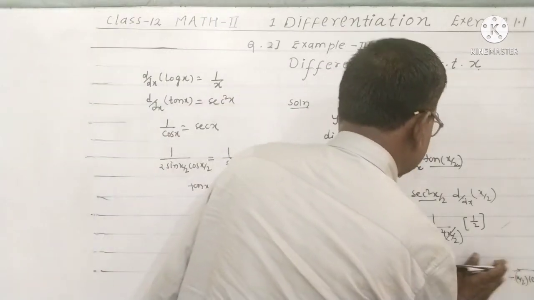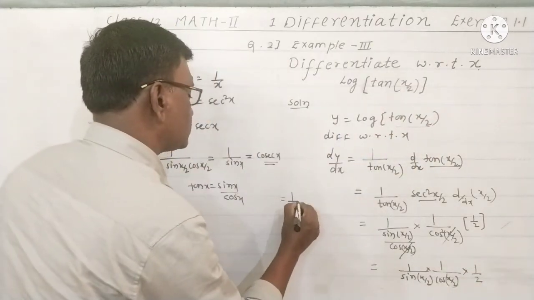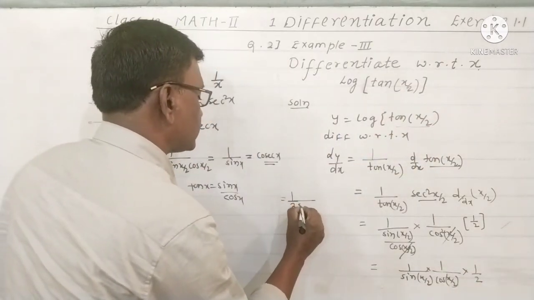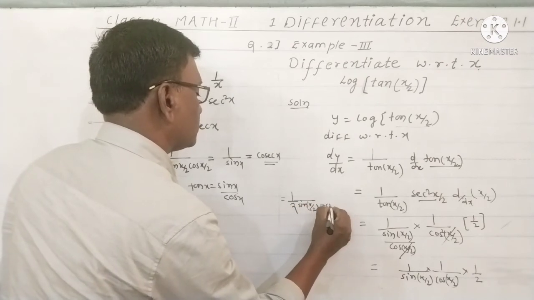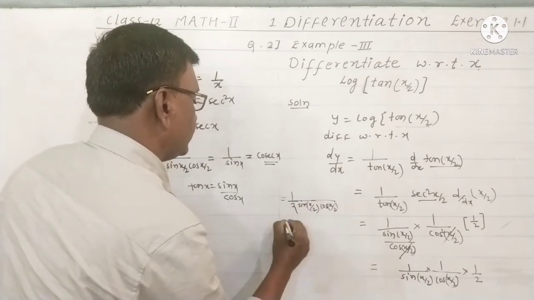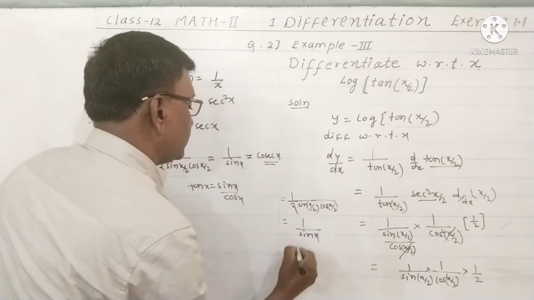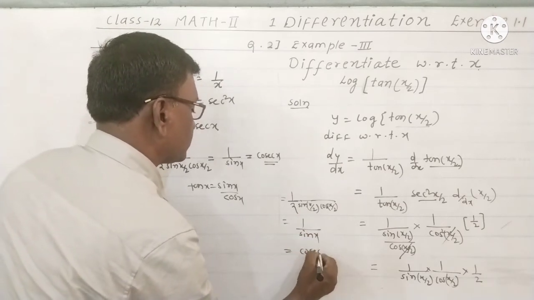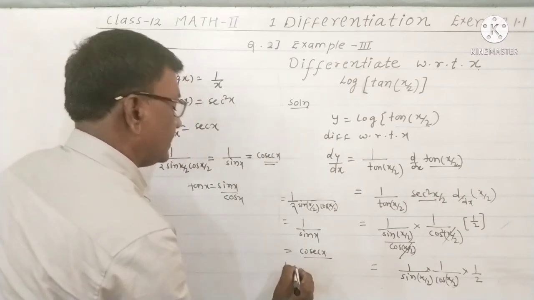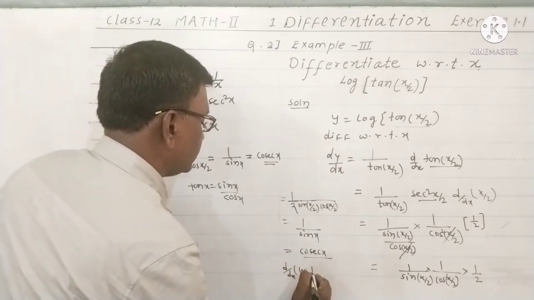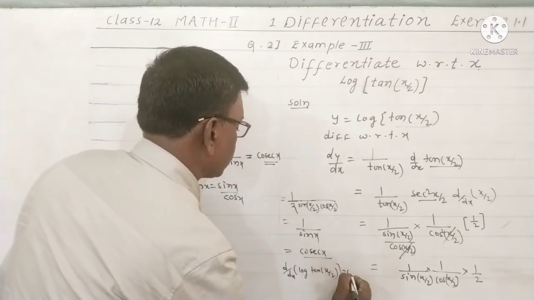So we can write it as 1 upon sin x, and we have 1 by sin x is equal to cosec x. So we find the derivative of log of tan x by 2 is equal to cosec x.